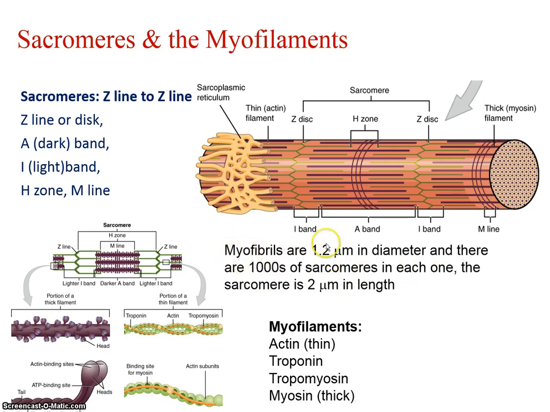If we said that a muscle cell has a diameter of 100 microns, you've got a lot of myofibrils in there, right? Thousands of sarcomeres for each one. The sarcomere itself is about 2 microns in length, right? So just giving you dimensions, you're not going to need to know that for the test. You will need to know the names of each of these myofilaments and some idea of what they do.